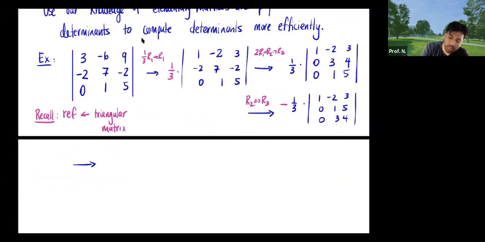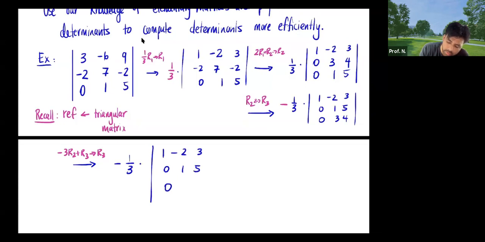Negative 3R2 plus R3 goes into R3. So this becomes negative 1/3 multiplied by 1, negative 2, 3, 0, 1, 5, 0, 0, and then negative 3, this is negative 15 plus 4, it becomes what? Negative 11.